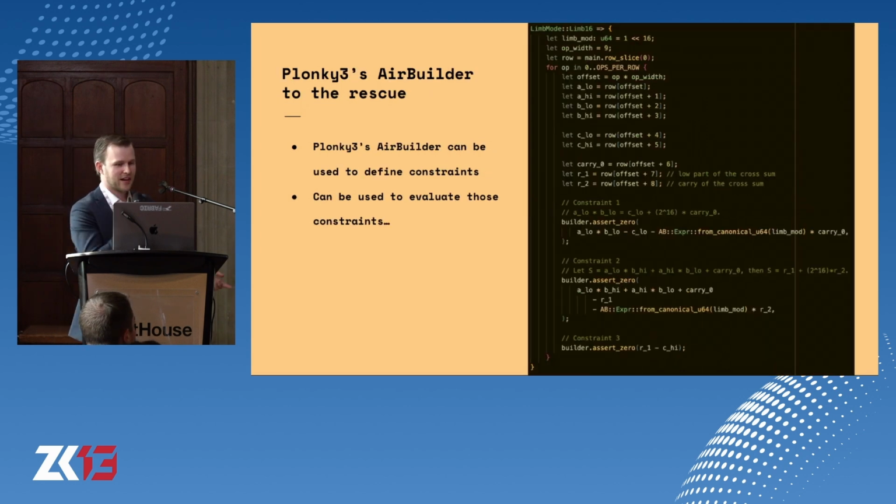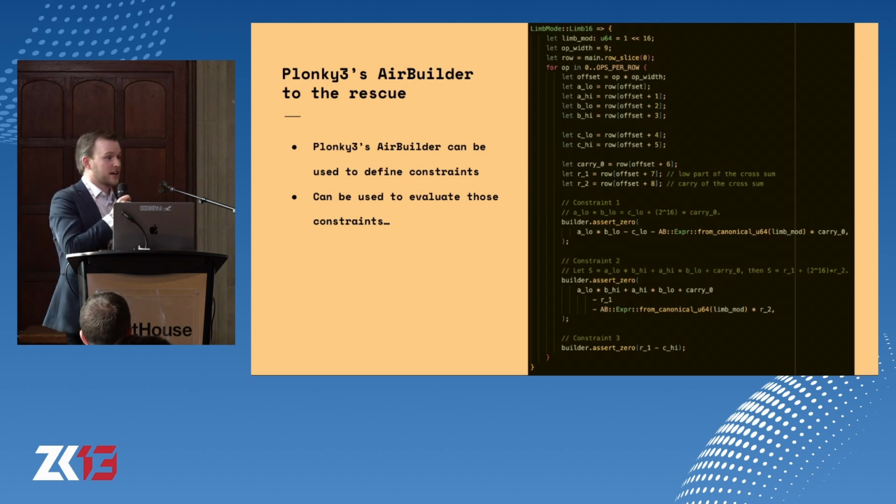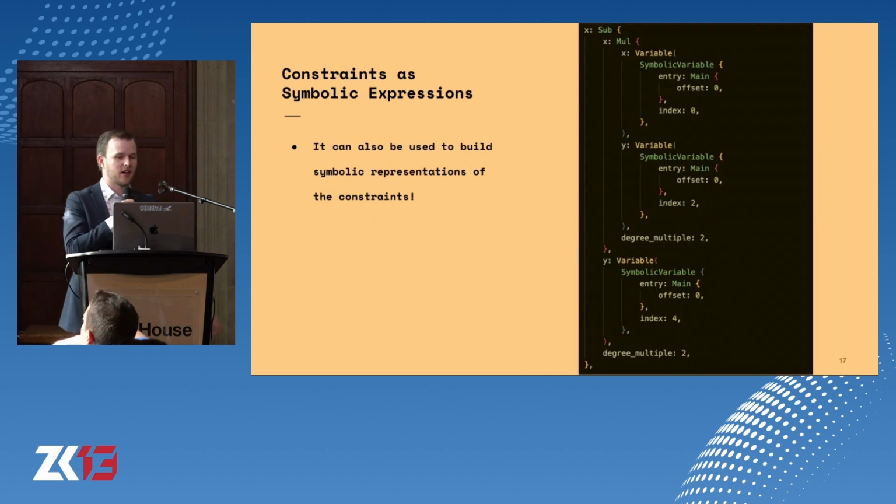That corresponds exactly to here, when op is 0: at index 0, we've got A low, at index 2, we've got B low, and at index 4, we've got C low, and our first constraint there is A low times B low minus C low. So it actually takes this and automatically builds this recursively defined symbolic expression. And this is super critical for making something that handles this in a dynamic way.